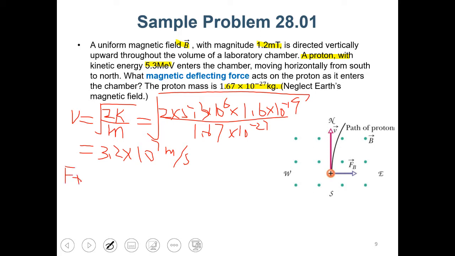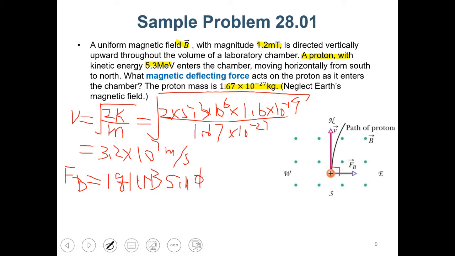So we know the Lorentz force is qvB sin phi, and phi is actually 90 degrees, because B is out of the page.